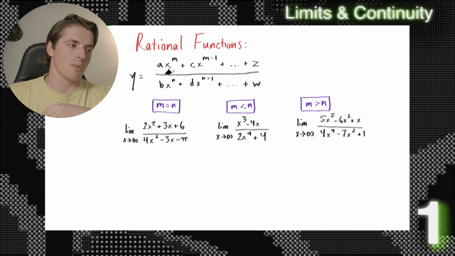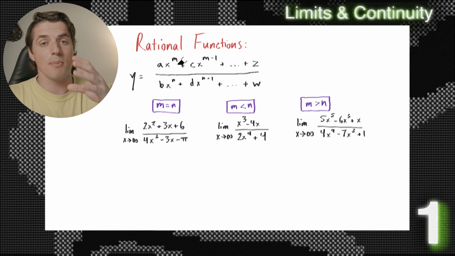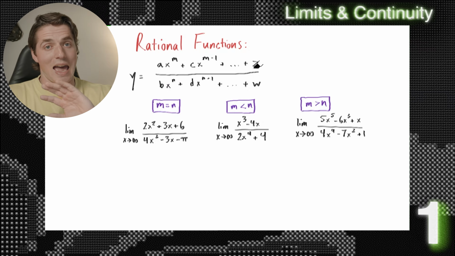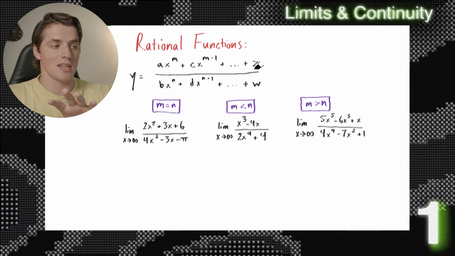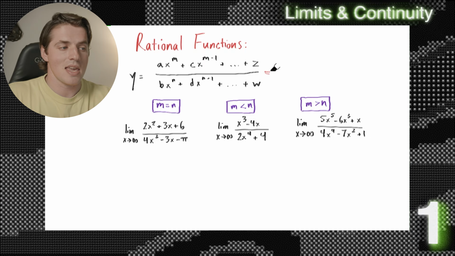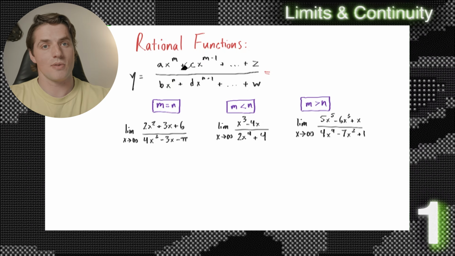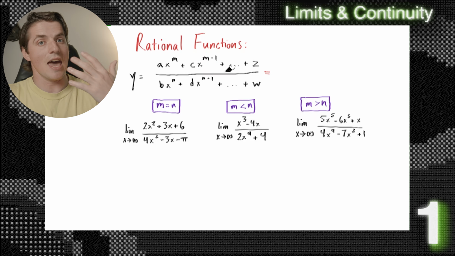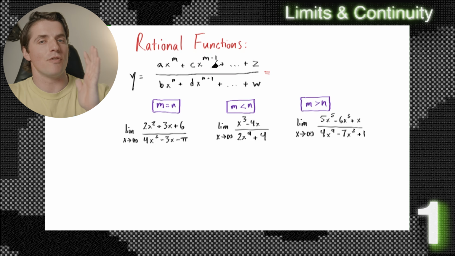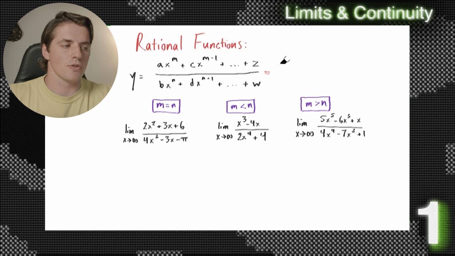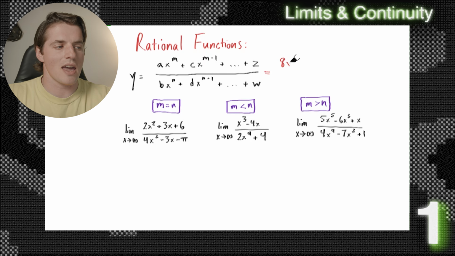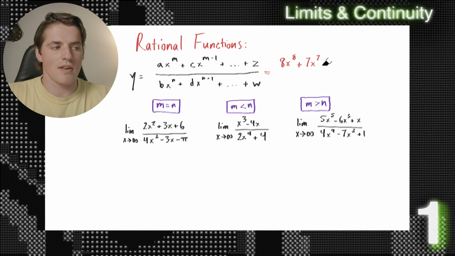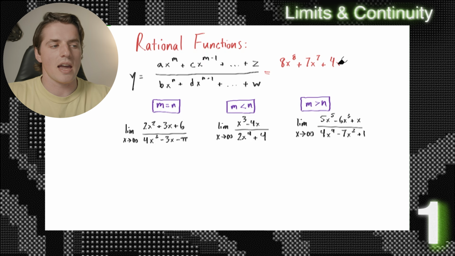So what you see here, we have a x to the m plus c x to the m minus 1 plus dot dot dot plus c. I know this doesn't look very nice. All I'm saying is that the largest power is the first term. So the degree is m, and then everything else is a little bit smaller. For example, we could have 8x to the 8th plus 7x to the 7th plus 4x to the 3rd.